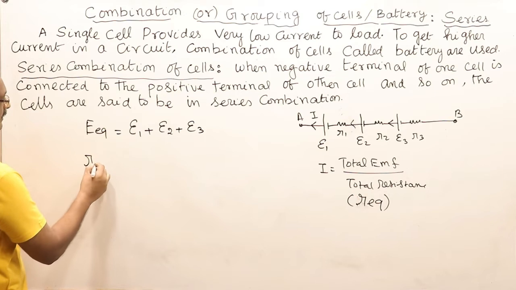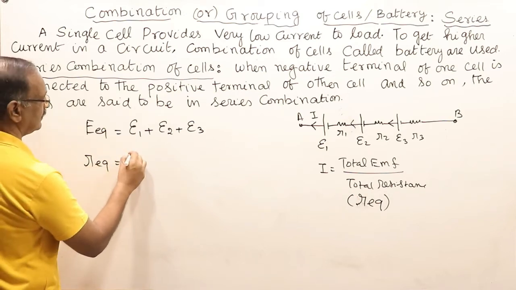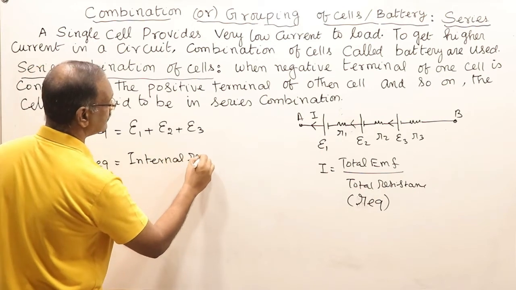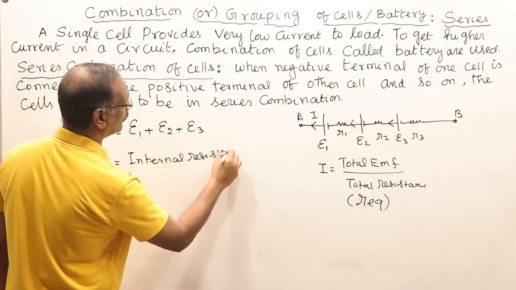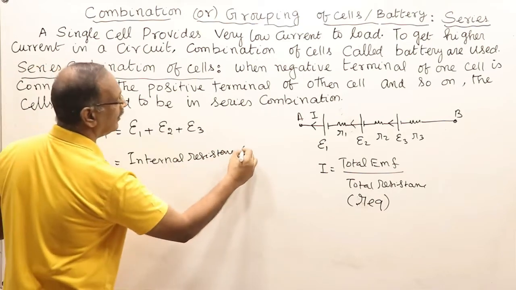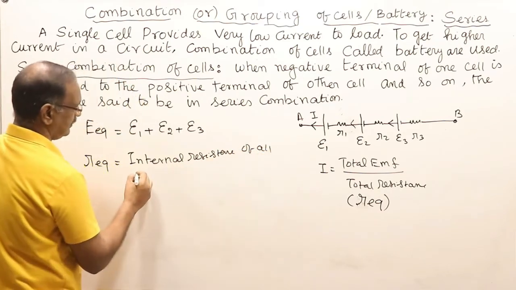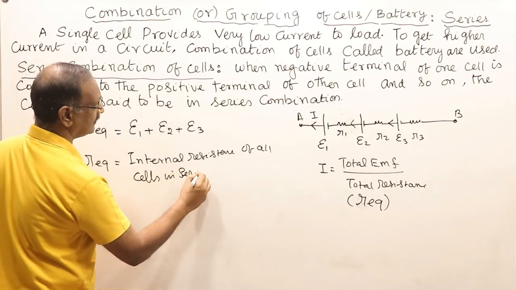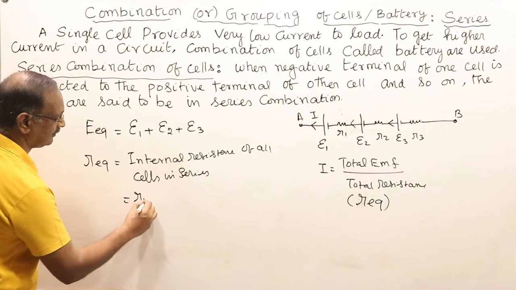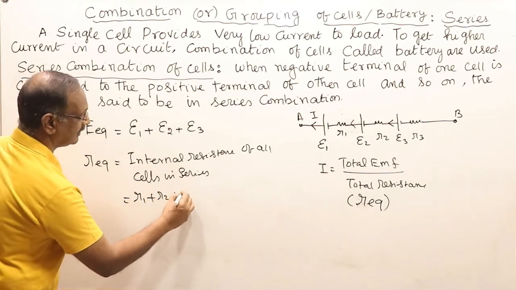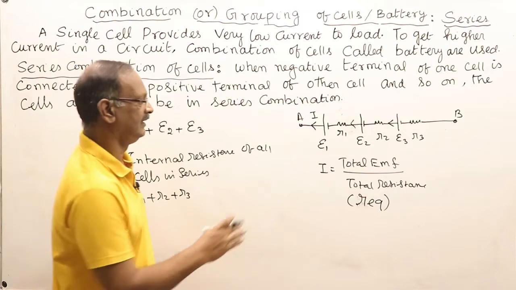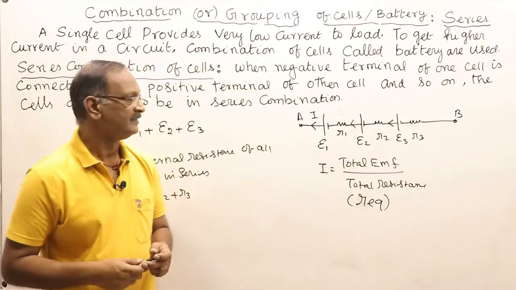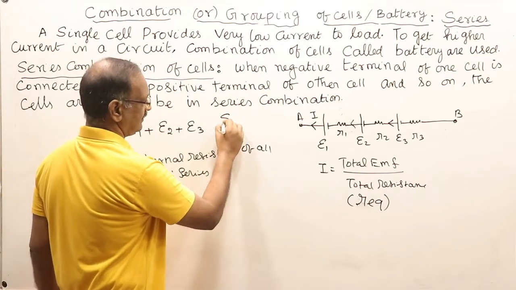The equivalent internal resistance is equal to the sum of the internal resistances of all cells in series, so we can say R1 plus R2 plus R3. In this case we have only 3 cells, all in series. So this is for the series combination.